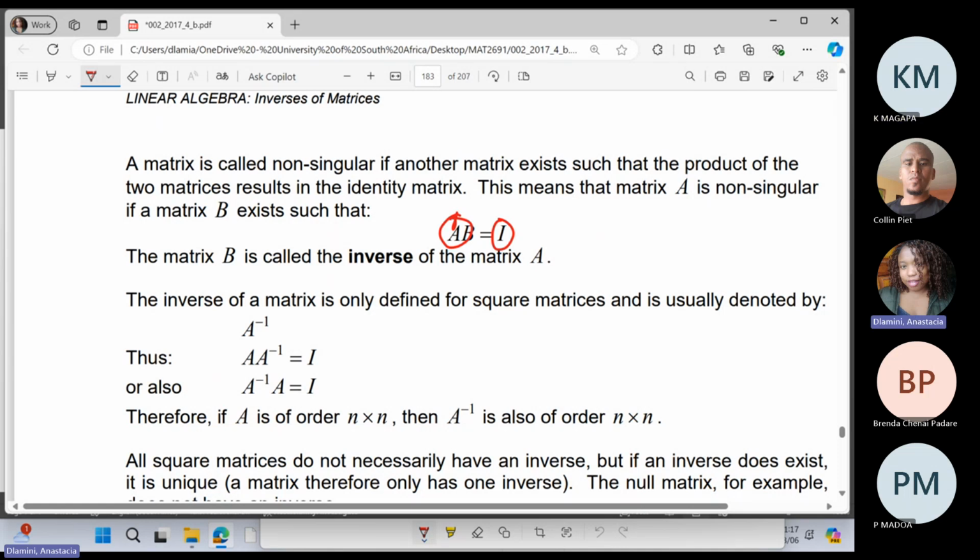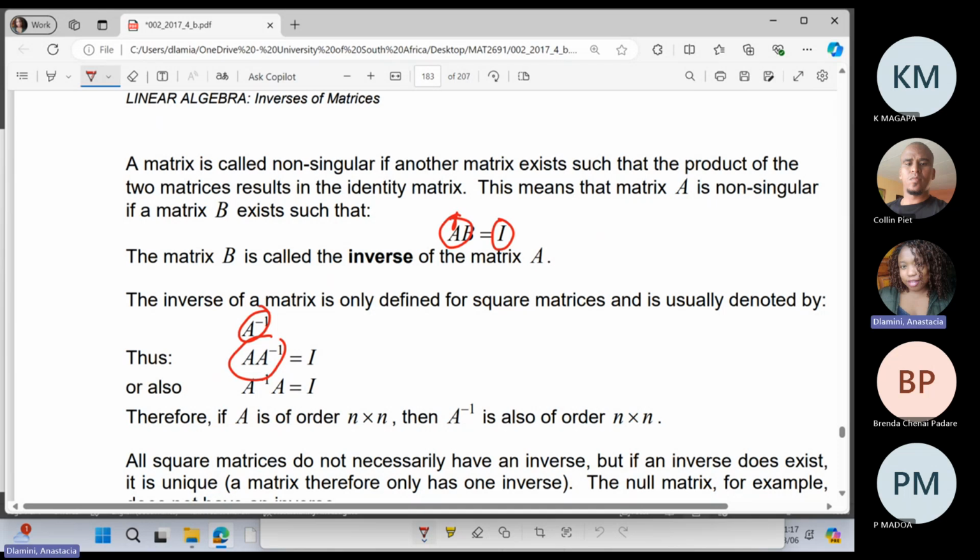Then you call B the inverse of matrix A. The inverse of a matrix is only defined for a square matrix. If you take the matrix A and multiply by its inverse, you get the identity.